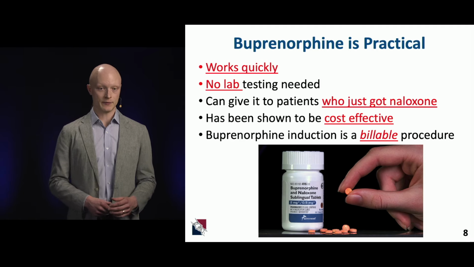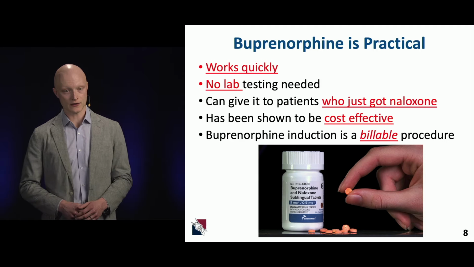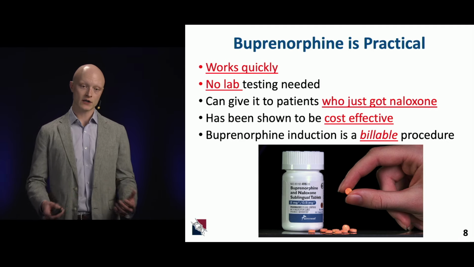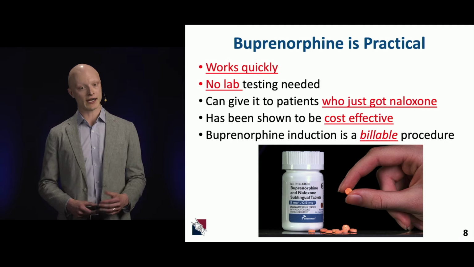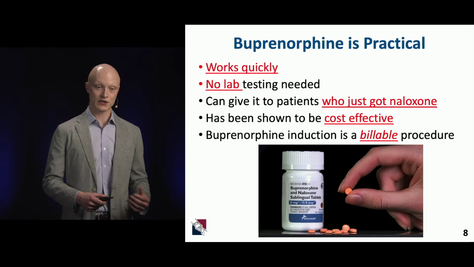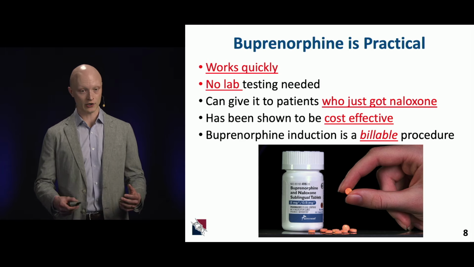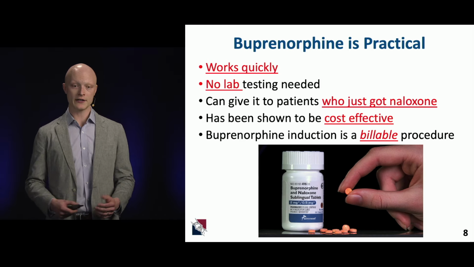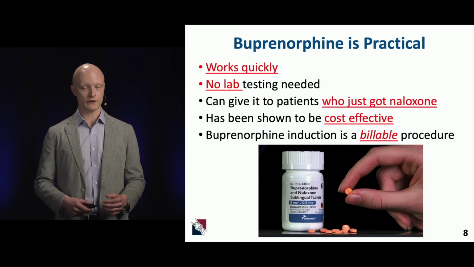It can also be given to patients who just got naloxone. And it has been shown to be cost-effective when started in the acute care setting. Also, starting patients on buprenorphine, often called buprenorphine induction, is a billable procedure, so providers can be compensated for their work with these patients.